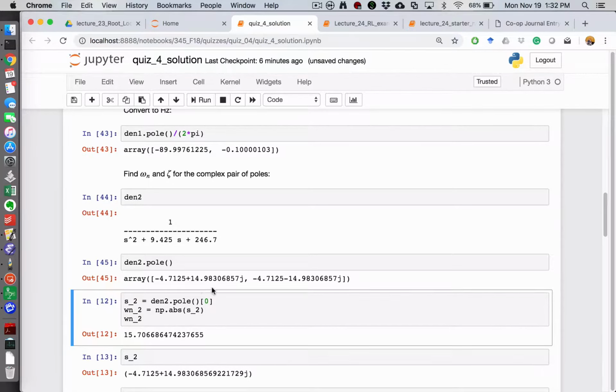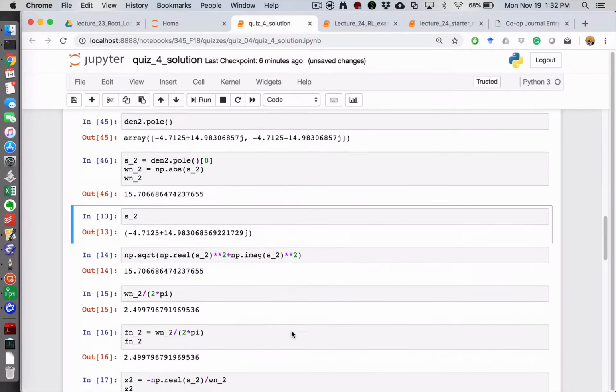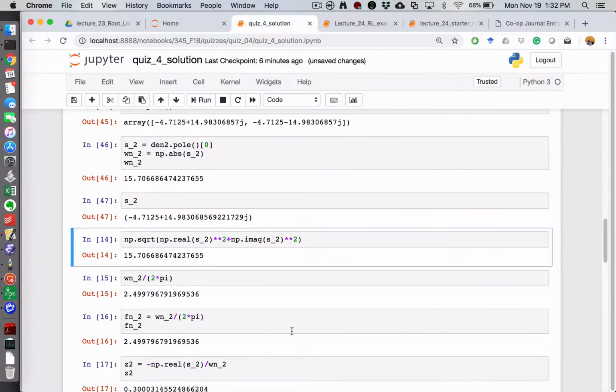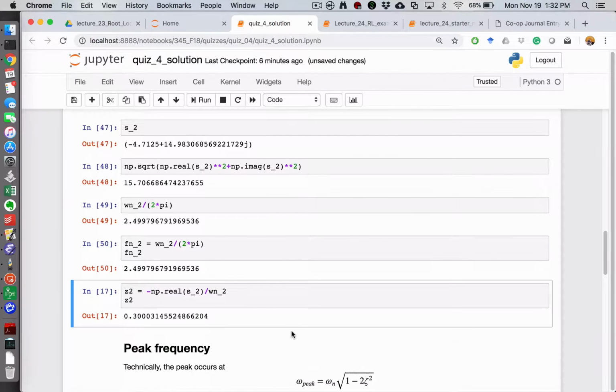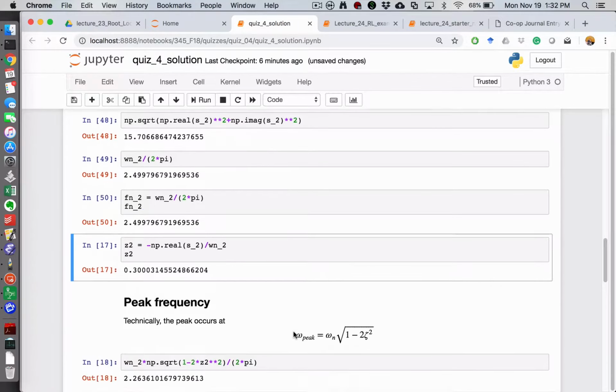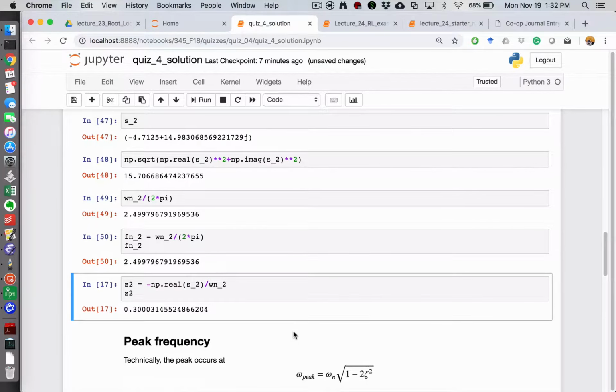So I take the absolute value of that pole to find omega n. I could then verify that that's also the same as just taking the imaginary part squared plus real part squared, and take the square root. Divide that by 2 pi. My natural frequency in hertz is 2.5.